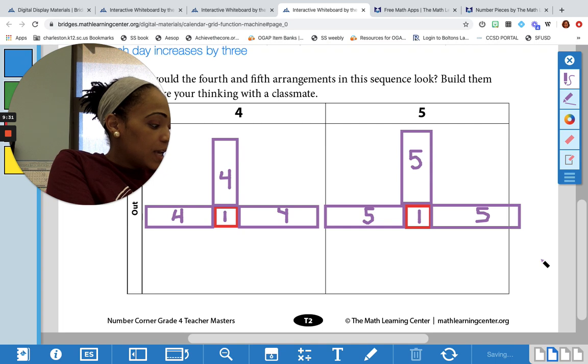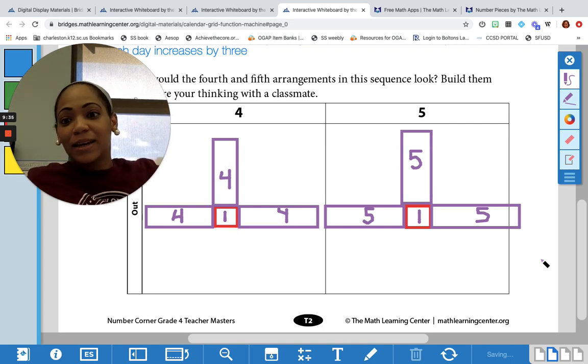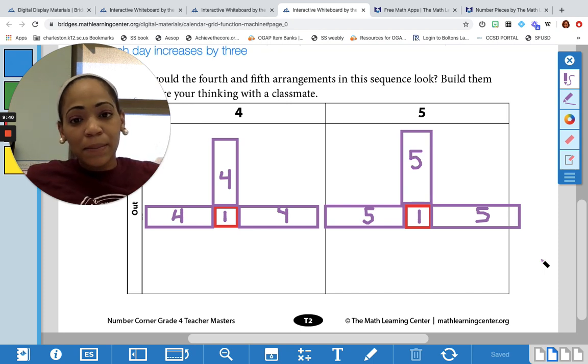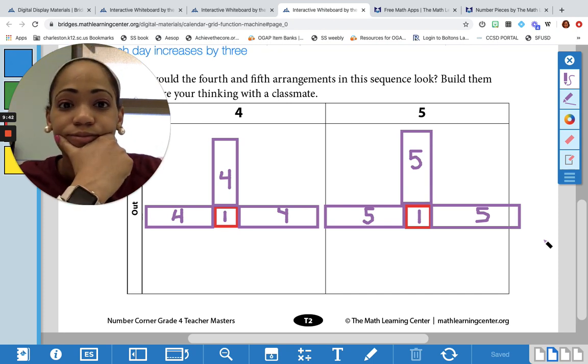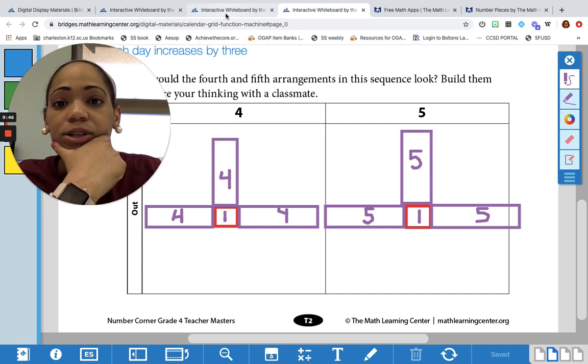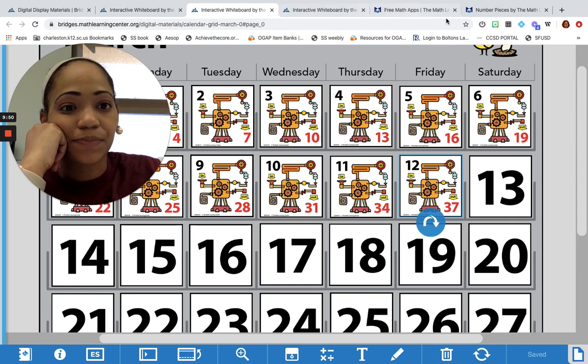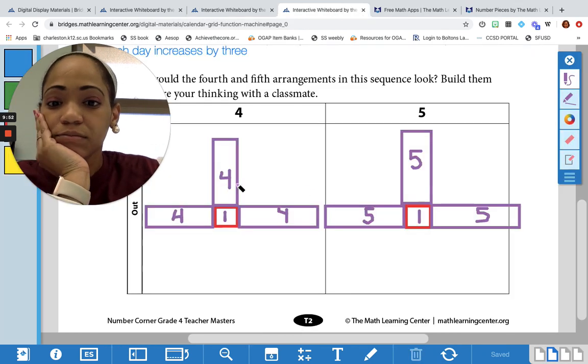All right. Now, can you see the connection between the number of tiles that are represented here and the number that's on the marker? So, for example, for the 4th, let's look at our calendar marker. We have 4 and then we had 13. Let's look at our picture. We have 4.